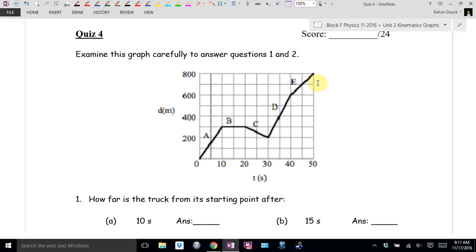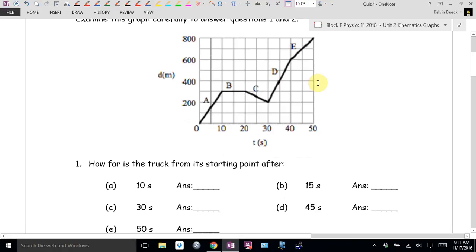On a distance versus time graph, number one is asking how far. How far is the height? So how far is the truck from its starting point after 10 seconds? 300 meters. On a test, if you just wrote 300, I'd take a half mark off. Units, please. How far is it after 15 seconds? Still 300 meters.